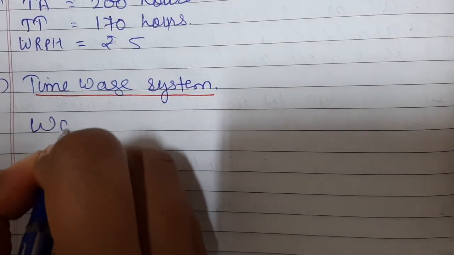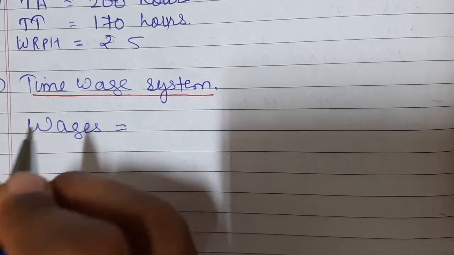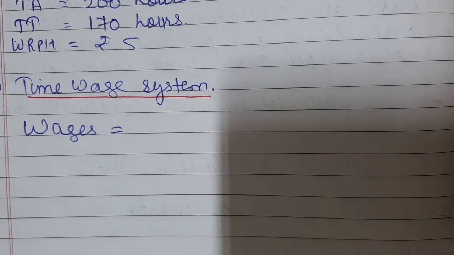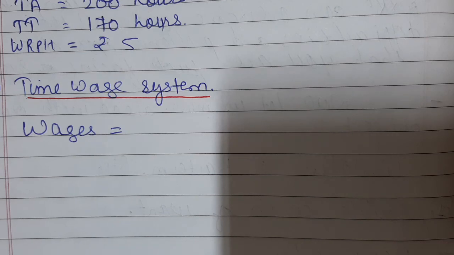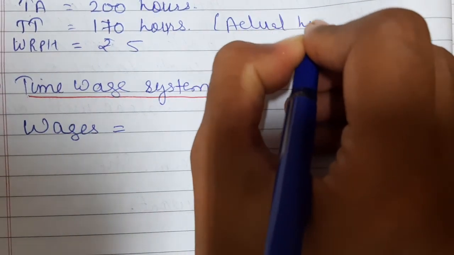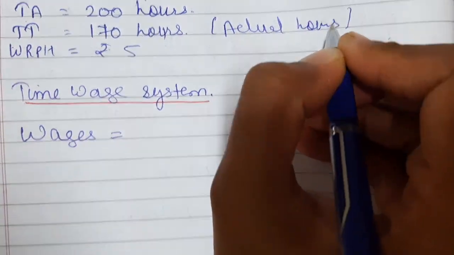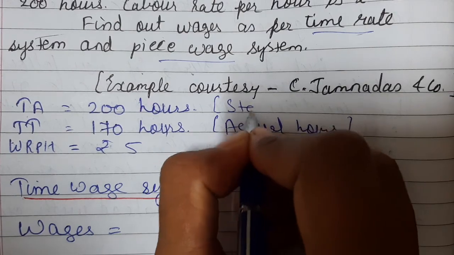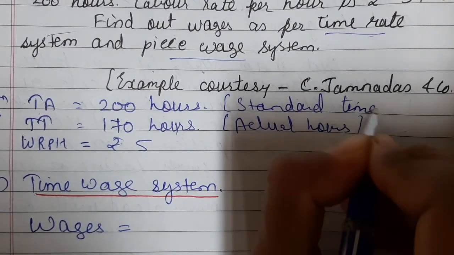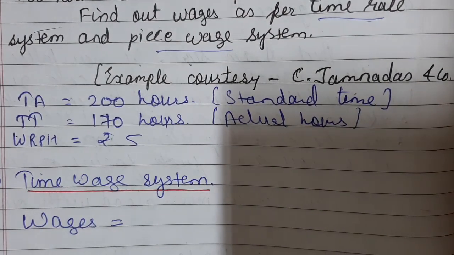The formula of wages under time wage system is, I have already given it to you, time taken, which is also called actual hours worked, and this is called standard time. Example courtesy Sri Jamnadas and Company.